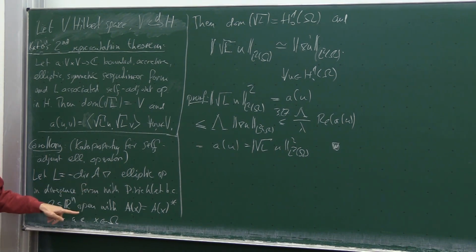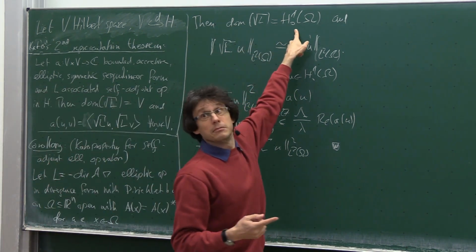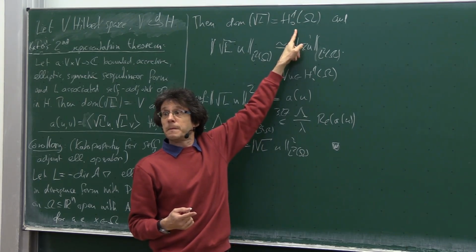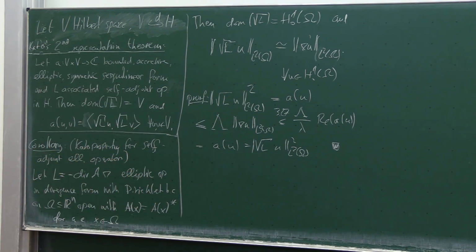And what this result now tells you is, okay, the domain of L depends on the coefficients, but if you look at fractional powers and you look at the square root, this domain is always the same. This domain does not change with the coefficient. So if you increase your fractional power up to 1/2, the domains are always the same, and then after 1/2, for different coefficients, these domains begin to be different.